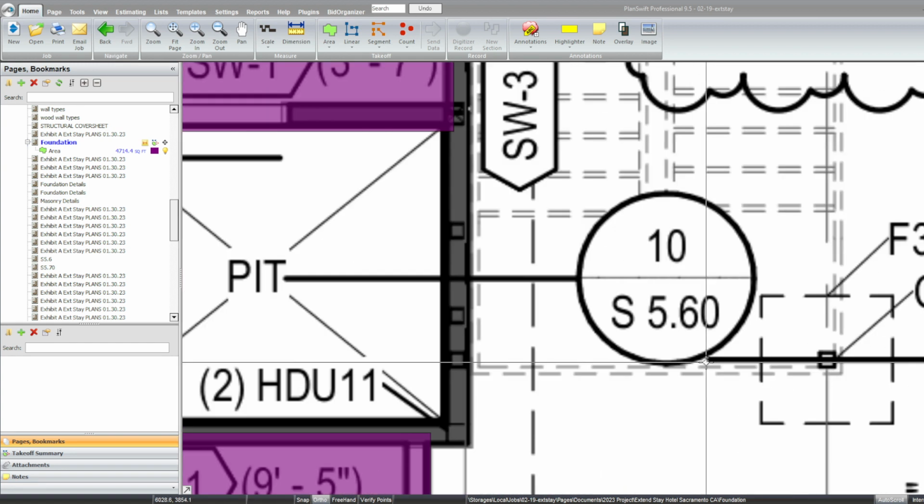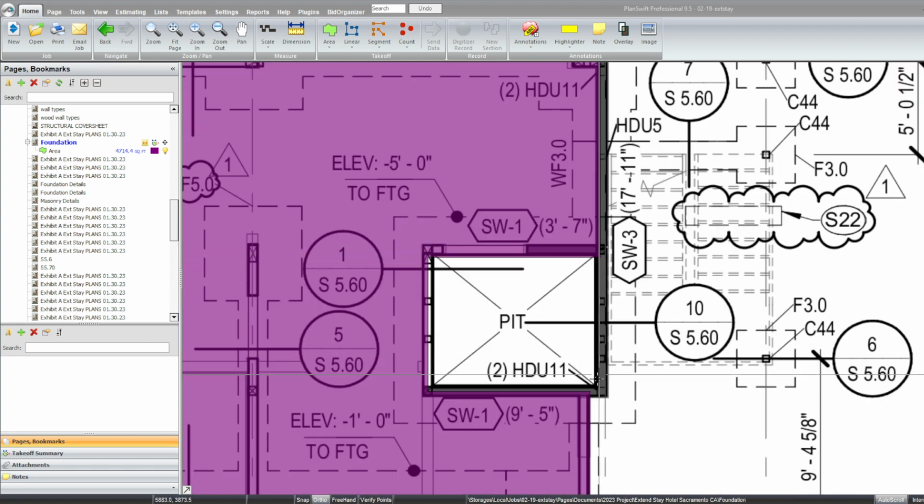So let's look at the outer portion of the pit, the concrete portion, and we're going to look at actually 10 and 1 over S5.0.6. Let's look at 1 first.